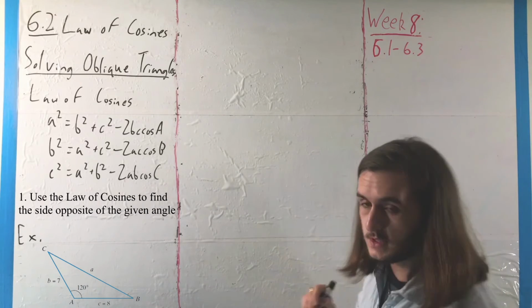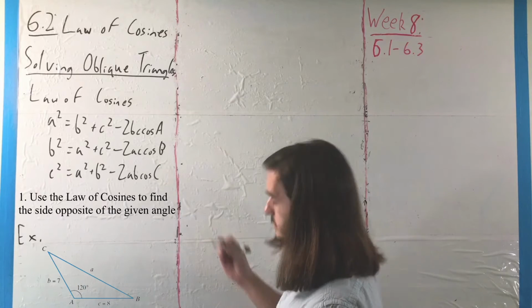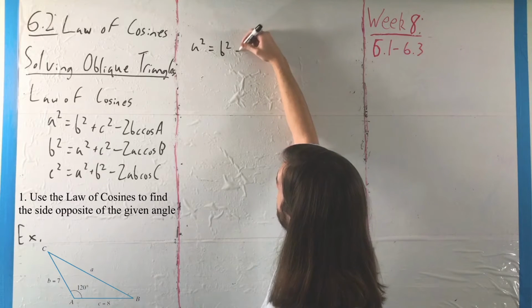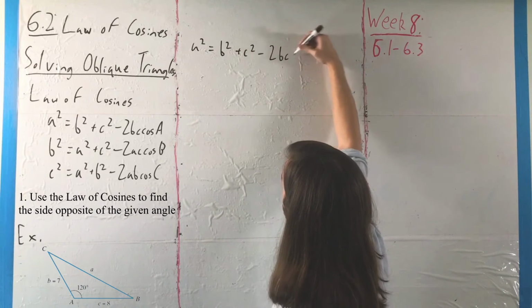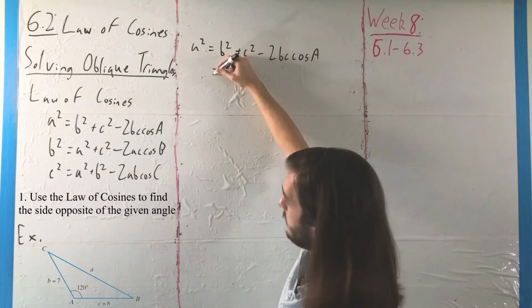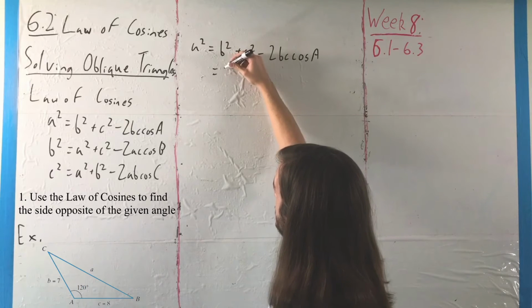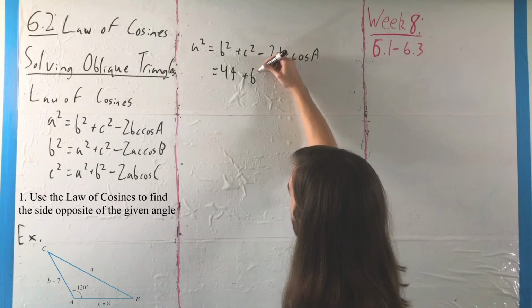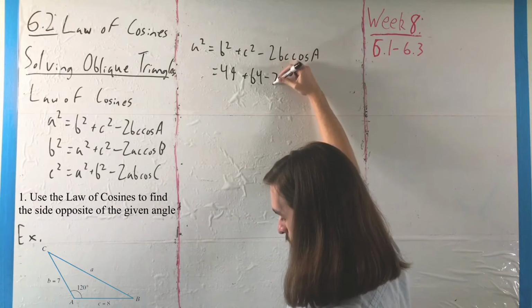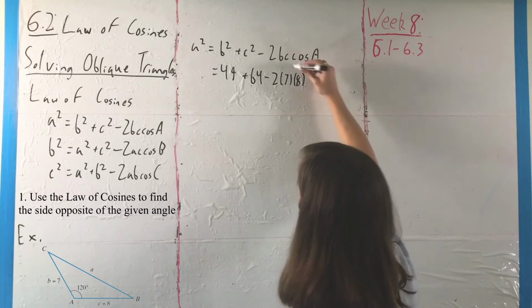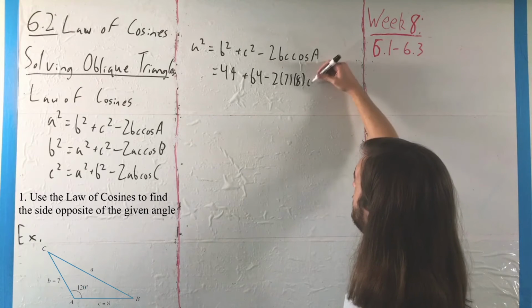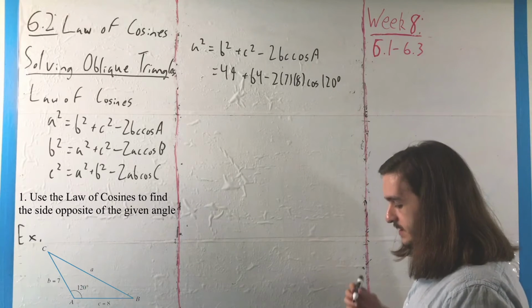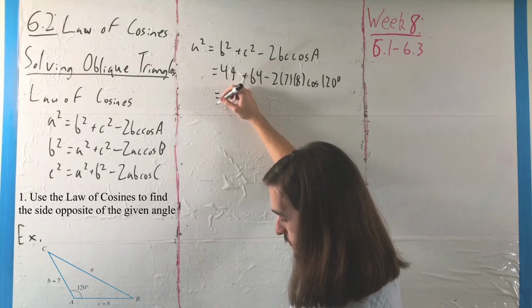We want A squared is equal to B squared plus C squared minus 2BC cosine of A, where we have that B is equal to 7, so we have 7 squared, or 49, plus 8 squared, or 64, minus 2 times 7 times 8, B times C, times cosine of our angle A, which here is 120 degrees.